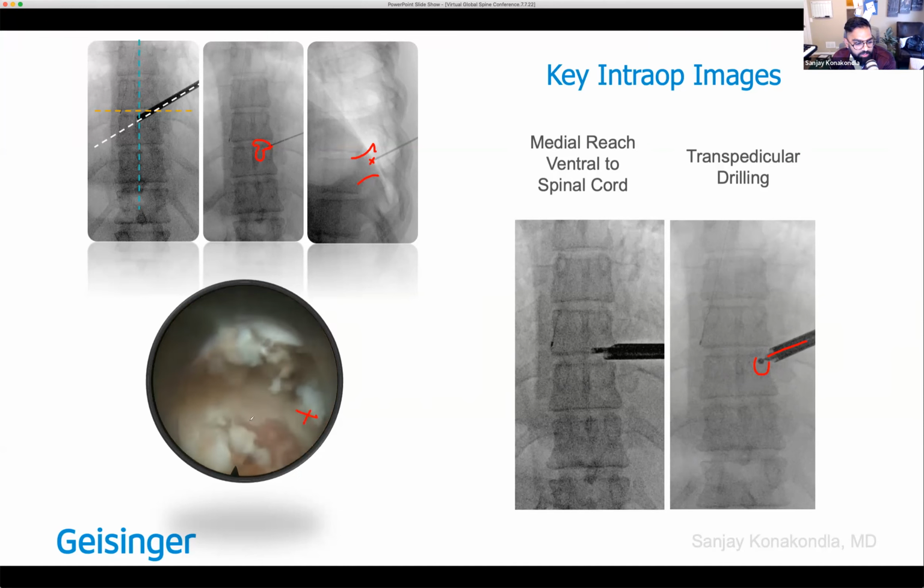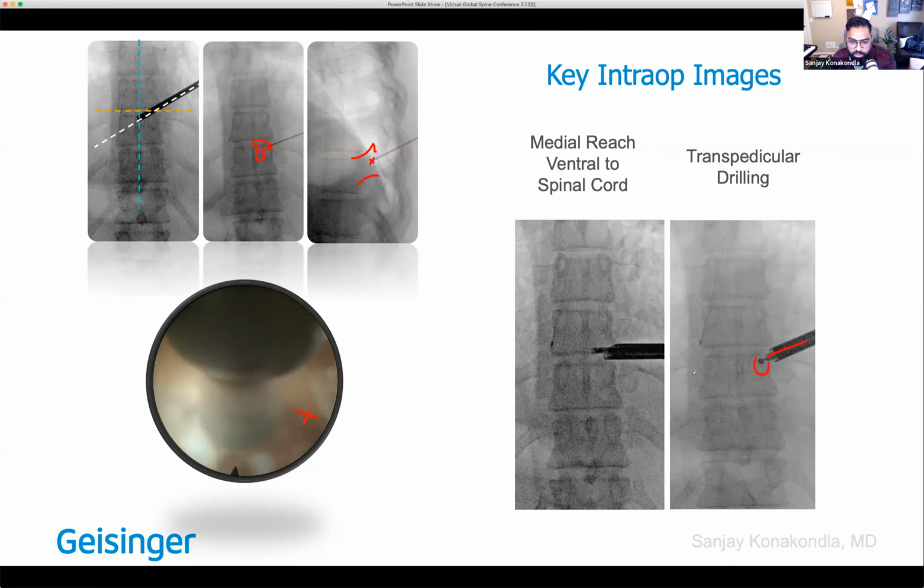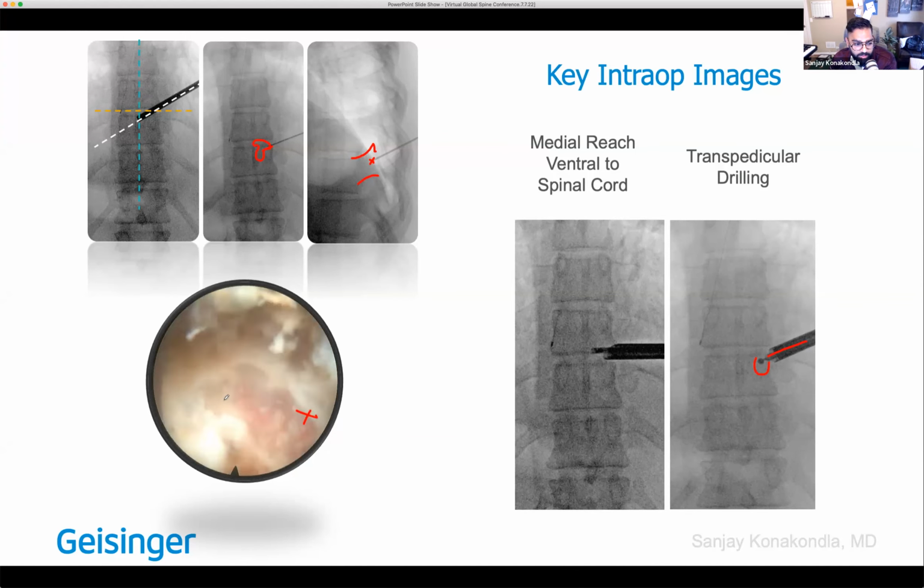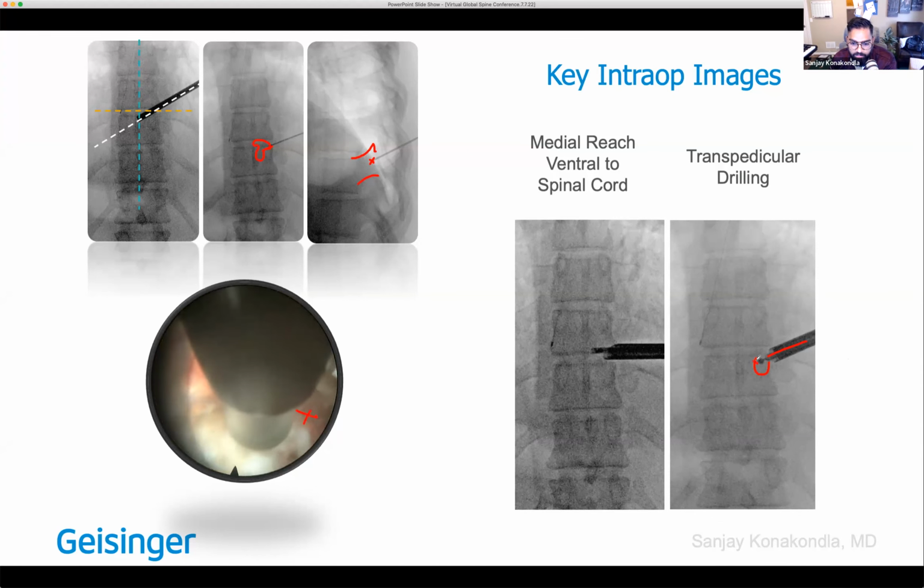But as we identify cortical structures, we know that after the cortical rim of bone, we're going to be either in the disc or the epidural space. So that's a nice way to find out how close you are. And again, you identify that on the actual image of your endoscope, but then you confirm that again with your intraoperative fluoroscopy.